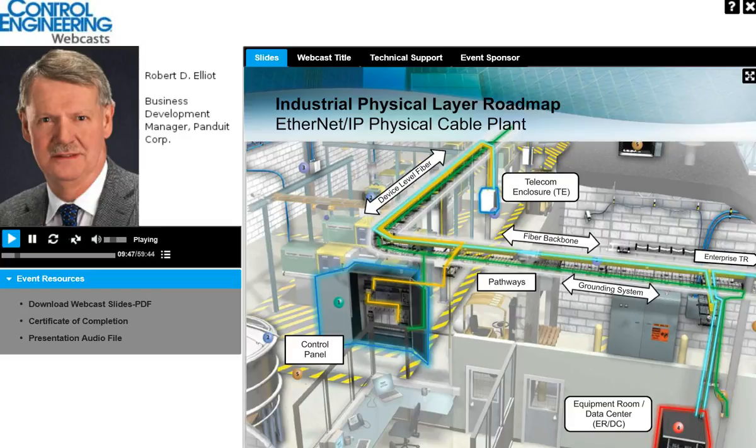This is effectively an equipment room for shop floor computing equipment. Fiber would come from this, for example, along those pathways to a zone enclosure, and from the zone enclosure, which might itself include switching equipment, would come copper links that would be connected to each of a number of control panels.